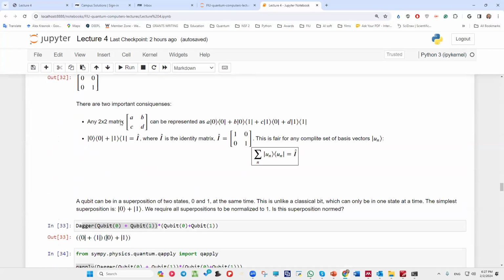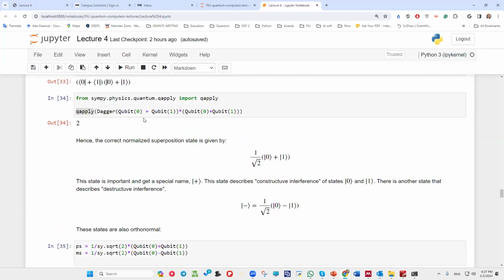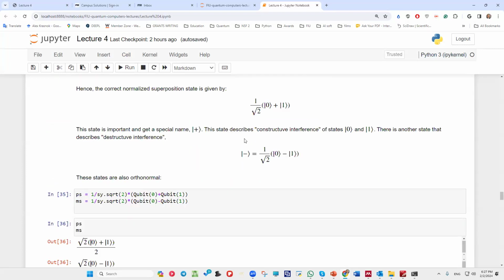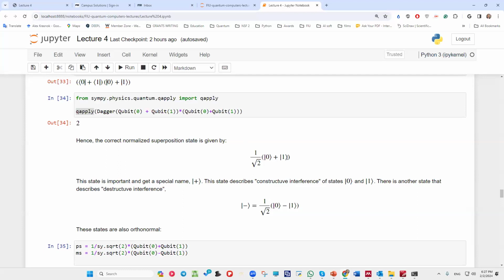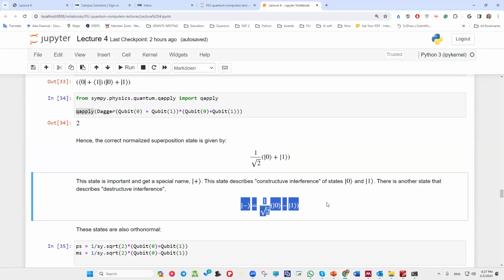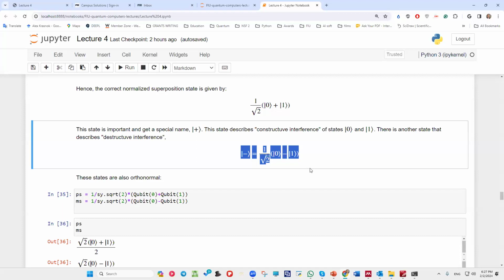Of course, this choice of basis is not unique. And we can, for example, introduce the constructive and destructive interference, or combinations or superpositions, of these two states, 0 and 1. This state plus and this state minus. And this is another basis to describe the same thing, to describe the same qubit, okay? The same state of a qubit.